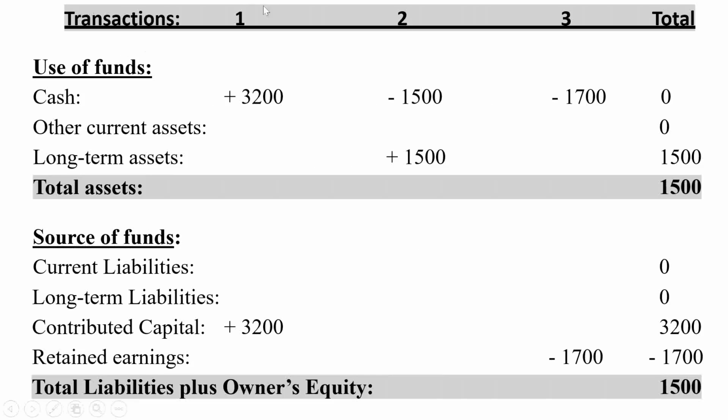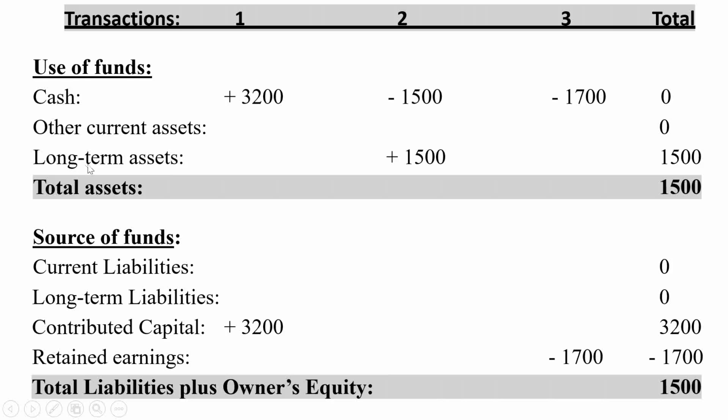So here are the entries for the first transaction, second transaction, third transaction. Before that, here is the balance sheet. Sources of funds: creditors give money, current liabilities, long-term liabilities. Then owners give money through contributed capital and retained earnings. The use of funds is current assets, cash being one of them, and long-term assets.